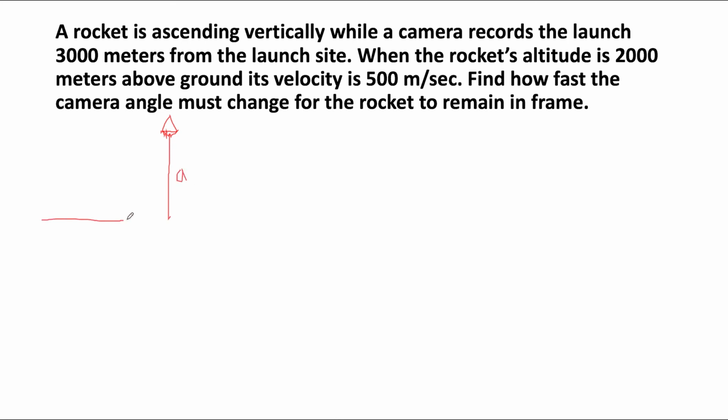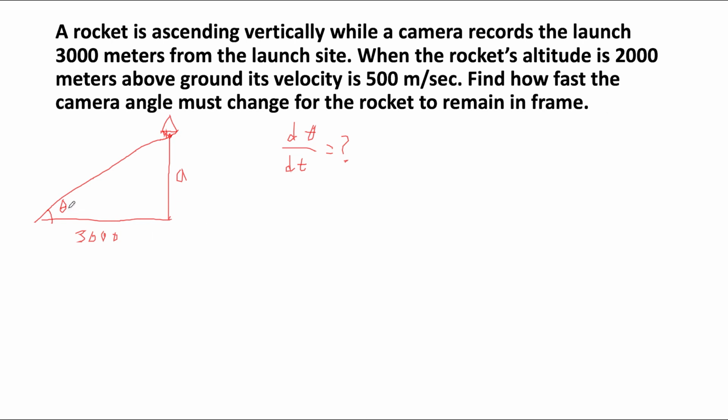And there's a camera, which is 3,000 meters away. And what we're looking for is the rate of change of this angle theta. So that is d theta/dt, and that's what we're solving for. Right, because it's asking for how fast the camera angle must change for the rocket to remain in frame.